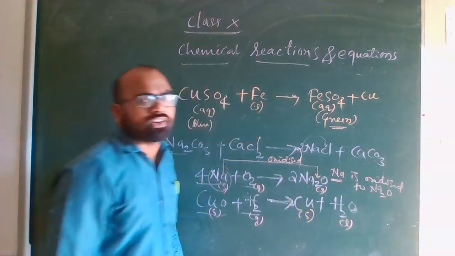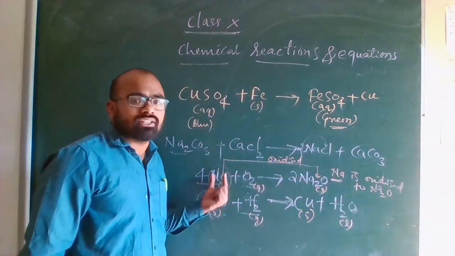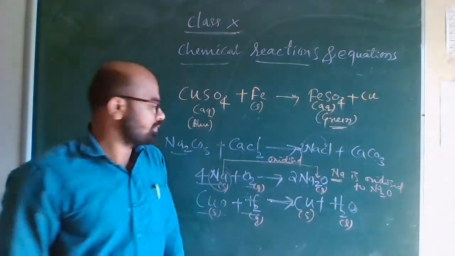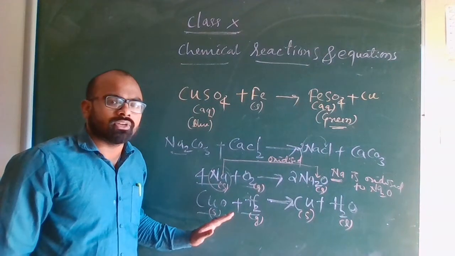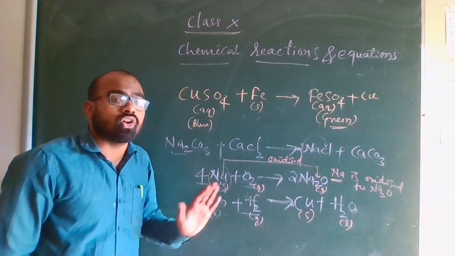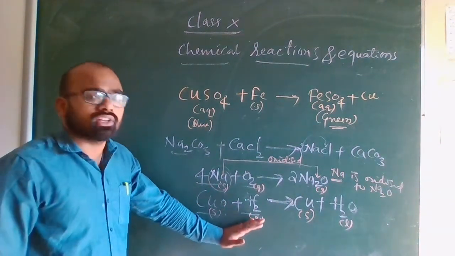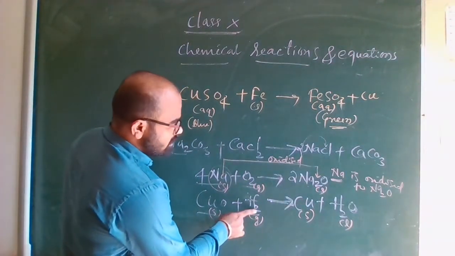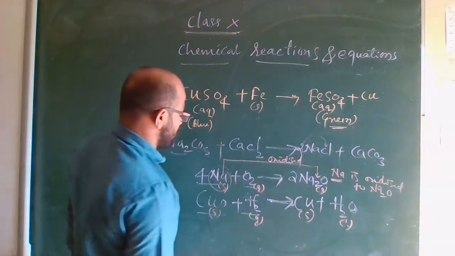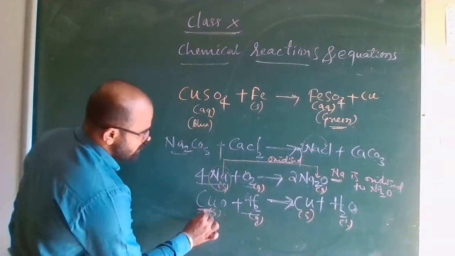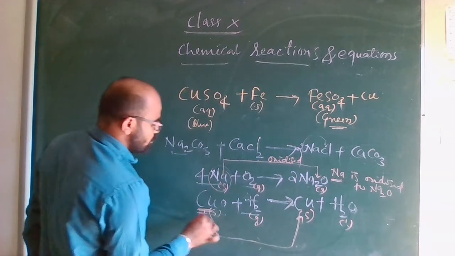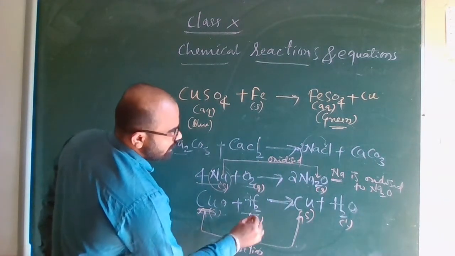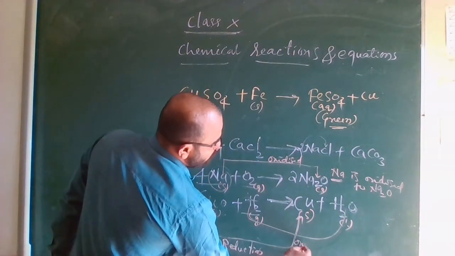You have to be perfect with this: Na is sodium, Na2O is sodium oxide. CuO means copper oxide. H2 is gas. Here CuO is losing oxygen, and H2 is getting oxygen. CuO becoming Cu means it is reduction, loss of oxygen. H2 becoming H2O means it is oxidation.